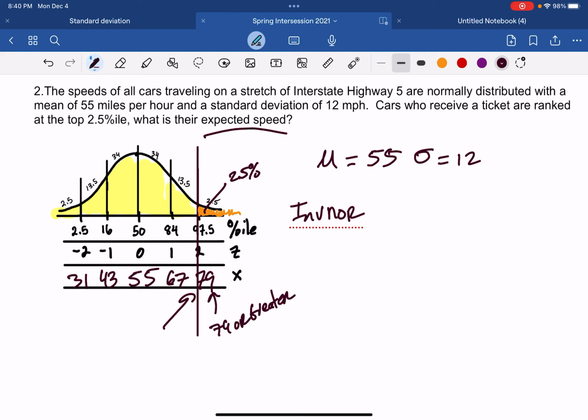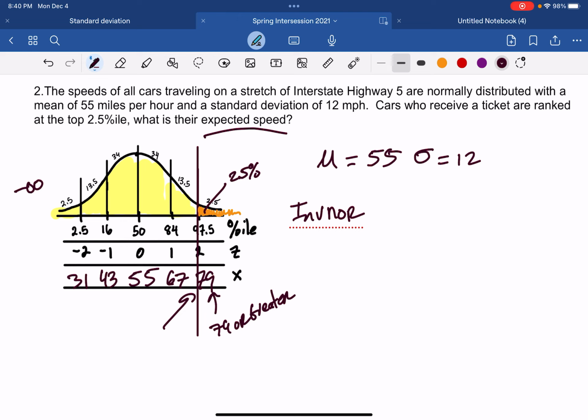That has to do with the tables back then, how you would add the cumulative values of these probabilities, from negative infinity all the way up to this point.